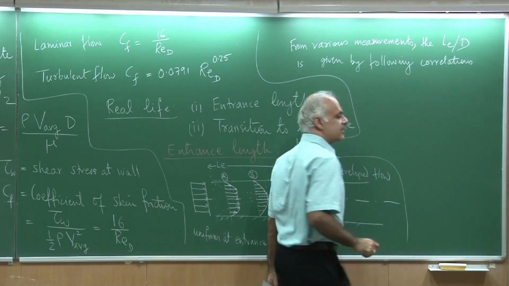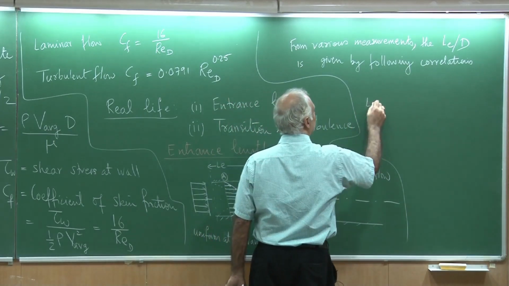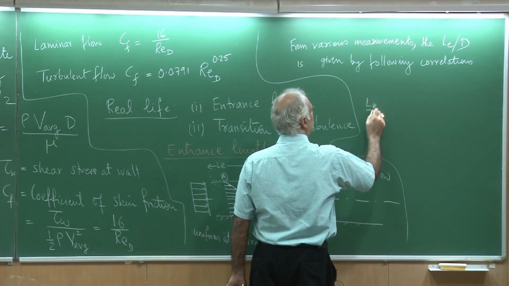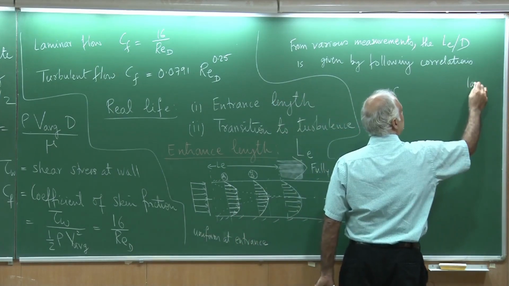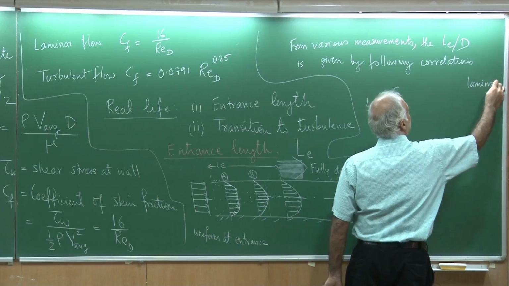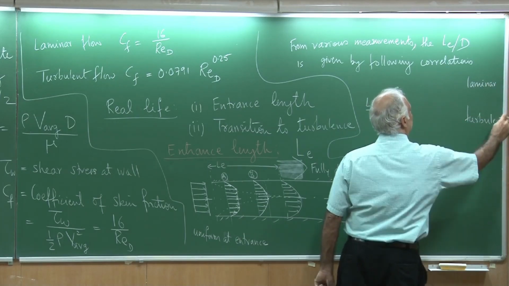There is a correlation for laminar flow and a correlation for turbulent flow. So the entrance length by D, this one is for laminar and this one is for turbulent.